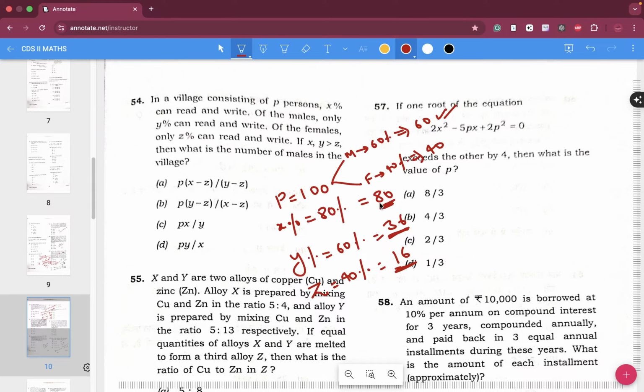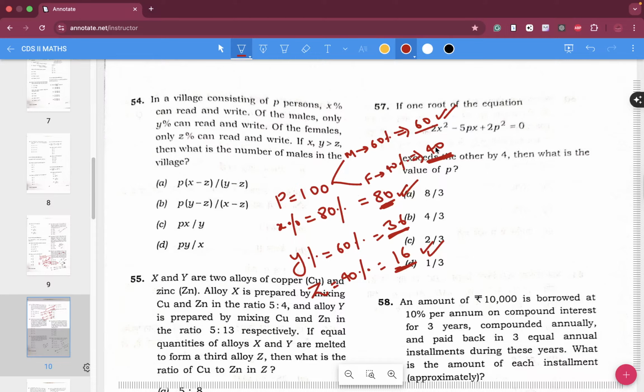So to get 80 over here, what will we have to do? We are saying there are 60 males and 40 females, right? The total number of literate people is 80, and 16 have gone already.